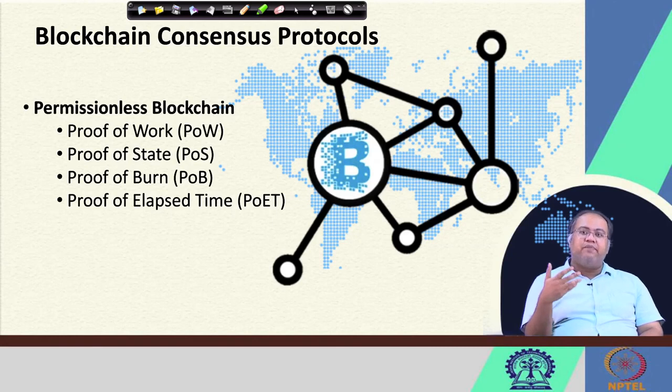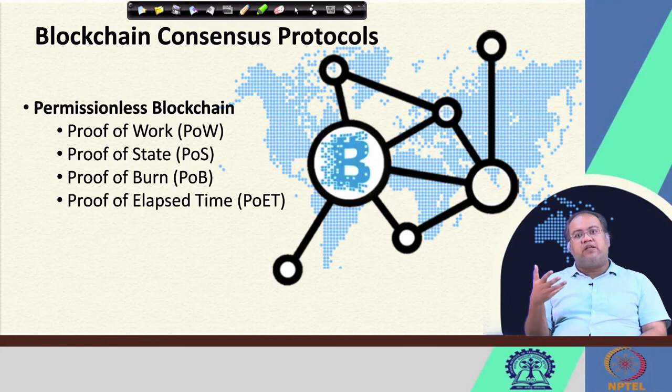Then we have seen that because of the limitations proof of work has in terms of resource consumption, people proposed different types of consensus algorithms like proof of stake or proof of burn, where you can use digital assets to participate in the mining procedure. But interestingly, we have seen that proof of stake and proof of burn actually depend on proof of work.